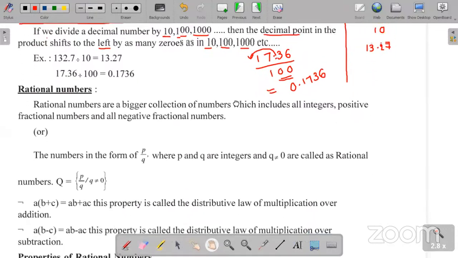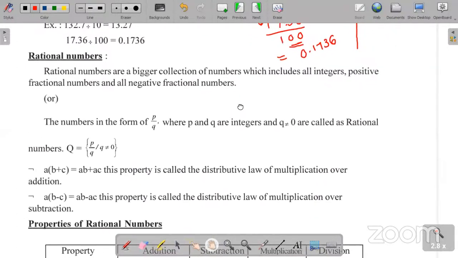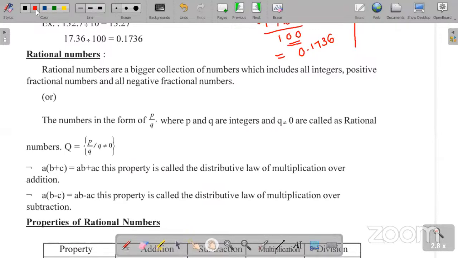Now we are going to discuss the next concept, that is rational numbers. What do you mean by a rational number? Rational numbers are a bigger collection of numbers which includes integers, positive fractional numbers and negative fractional numbers.